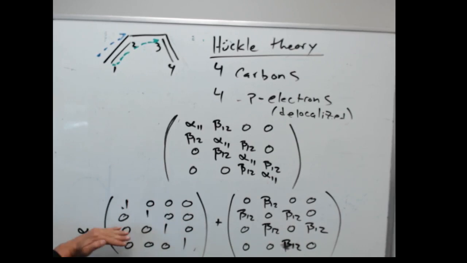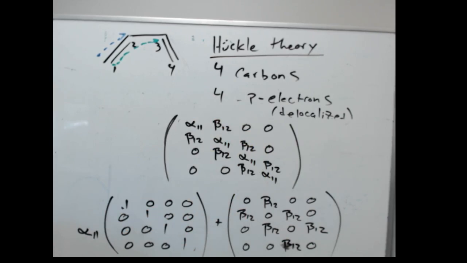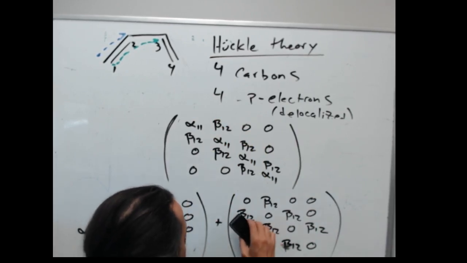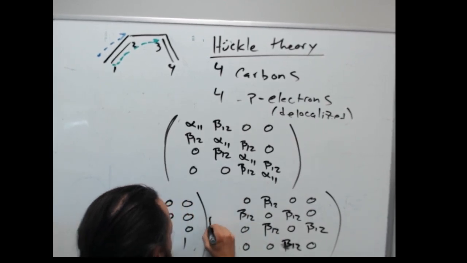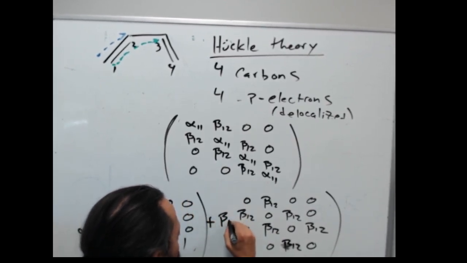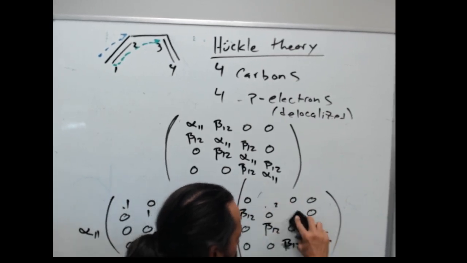Right, so this thing defines that middle energy, and then this thing is going to be some variation of that middle energy, up and down. And this thing, you'll notice, since all the betas are the same, we can also do a simplification here, where if I gave myself a little bit more space, we can just factor out the beta 1,2 from the entire matrix, replace all those beta 1,2s with 1s.